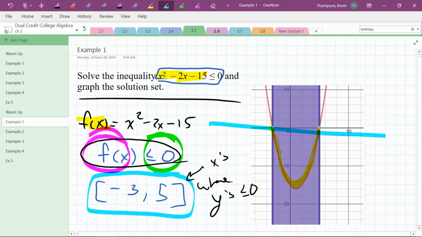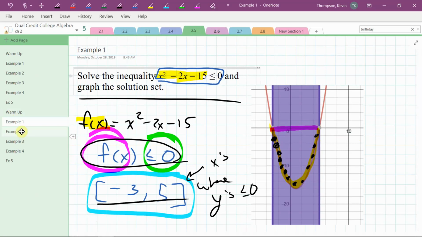That's below the x-axis. And then the solution, though, are the x's where that's happening. It's basically like if I think about all the points on this curve where the y is less than or equal to 0, well, what would their x's be? Well, any number between -3 and 5.